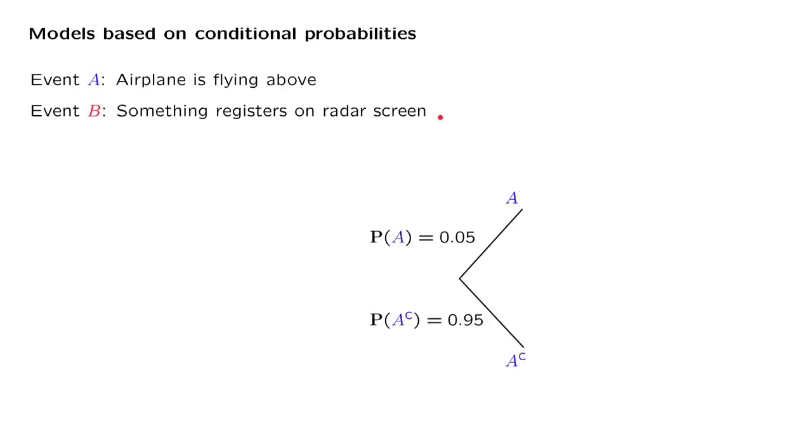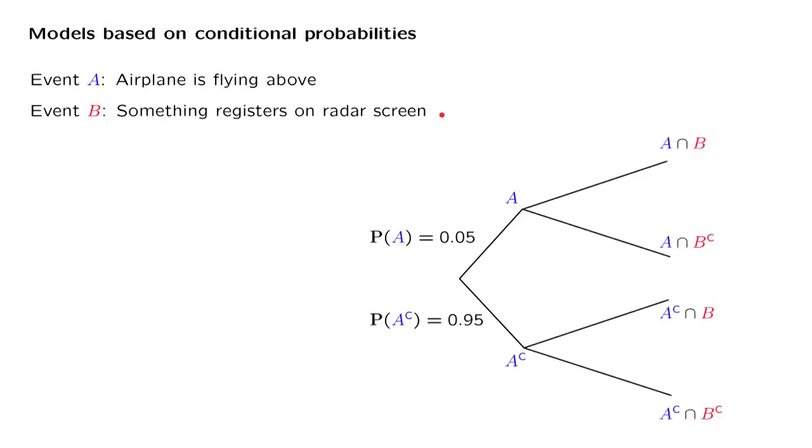Of course, if it's a good radar, probably event B will tend to go together with event A, but it's also possible that the radar will make some mistakes. And so we have various possibilities. If there's a plane up there, it's possible that the radar will detect it, in which case event B will also happen, but it's also conceivable that the radar will not detect it, in which case we have a so-called miss: a plane is flying up there, but the radar missed it, did not detect it.